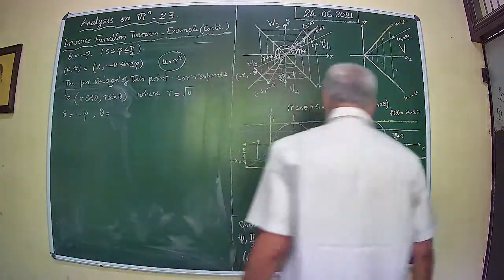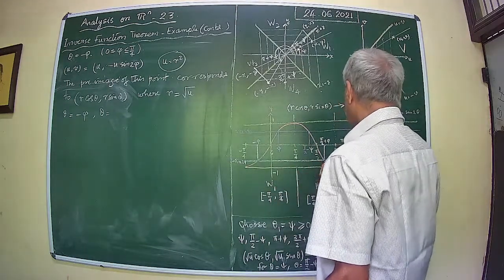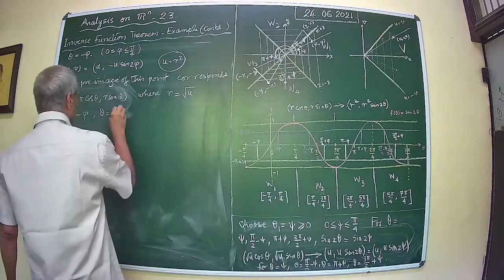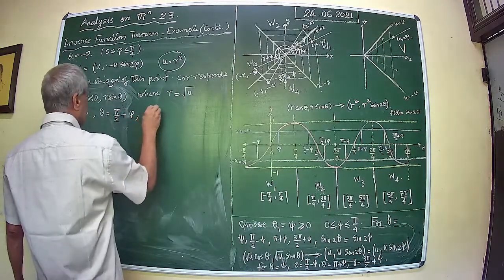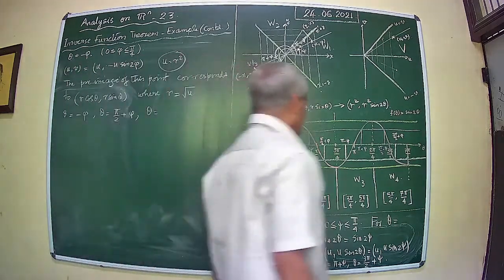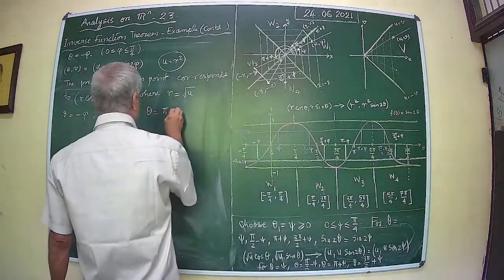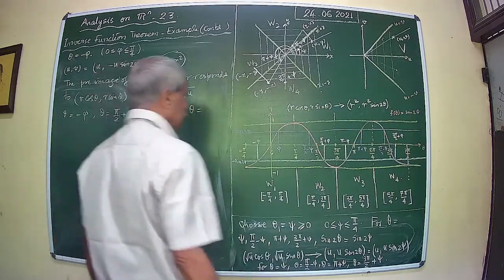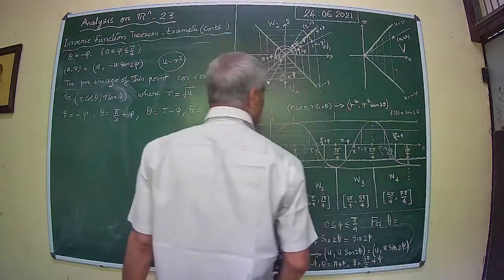What are the other values that you have? Theta equal to pi by 2 plus phi, theta equal to pi minus phi, and theta equal to 3 pi by 2 plus phi.